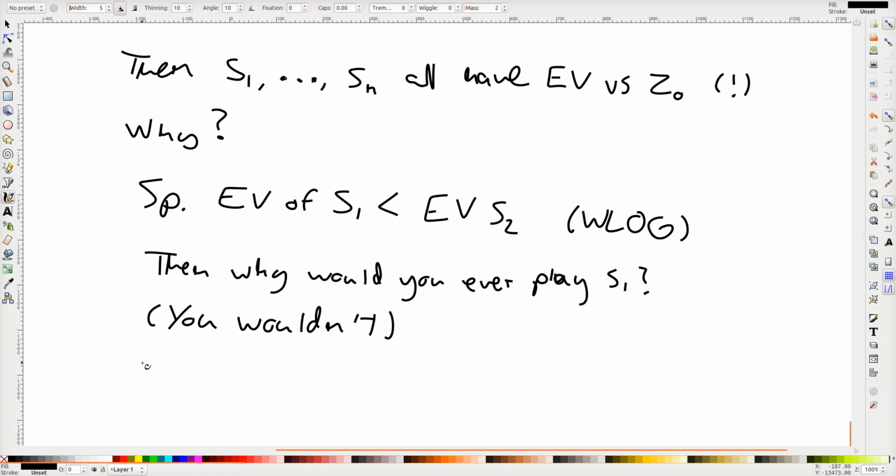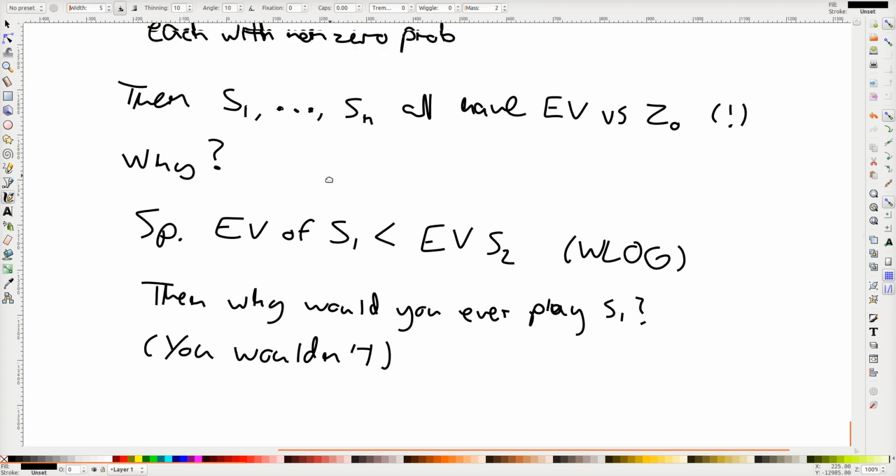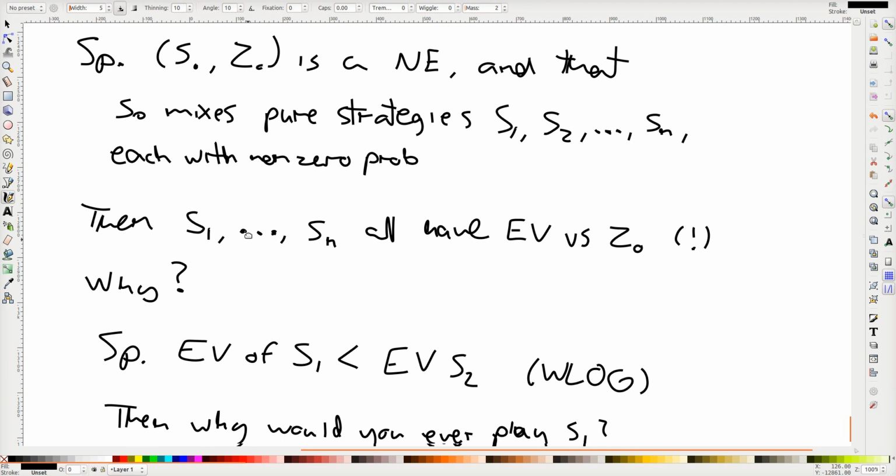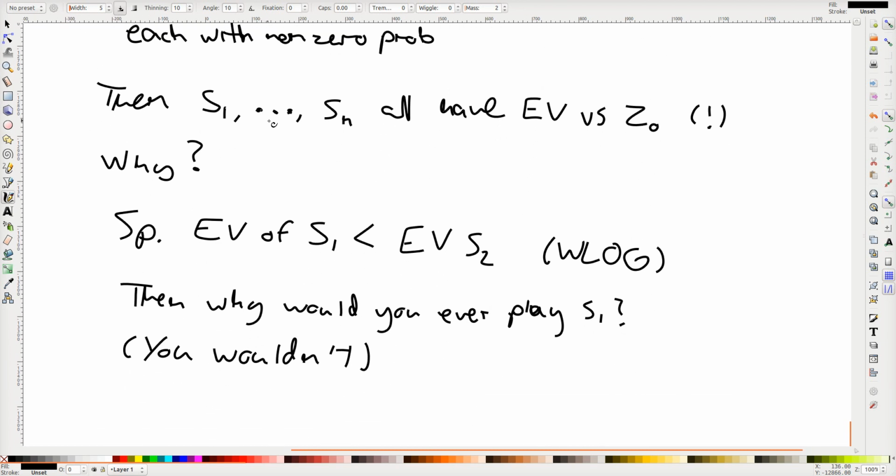So what that means is that, remember that we're at a Nash equilibrium, right? S0, Z0 is a Nash equilibrium. And what that means is that S0 is maximally exploiting Z0. So your EV of S0 is maximal. But look, S0 mixes S1 in some of the time. With non-zero probability, it plays S1. And you could improve your EV by just playing S2 whenever random.org told you to play S1.